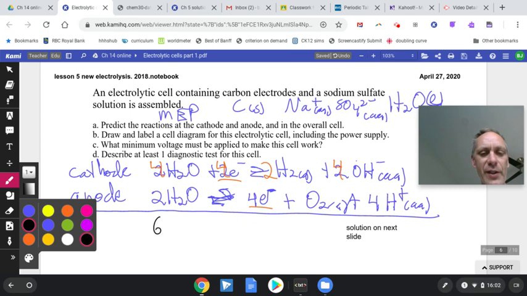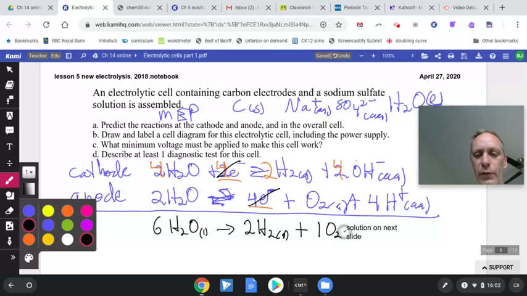So we have 6 waters. Electrons are gone. 6 waters makes 2 H2 gas plus 1 O2 gas plus 4 OH minus and 4 H plus.